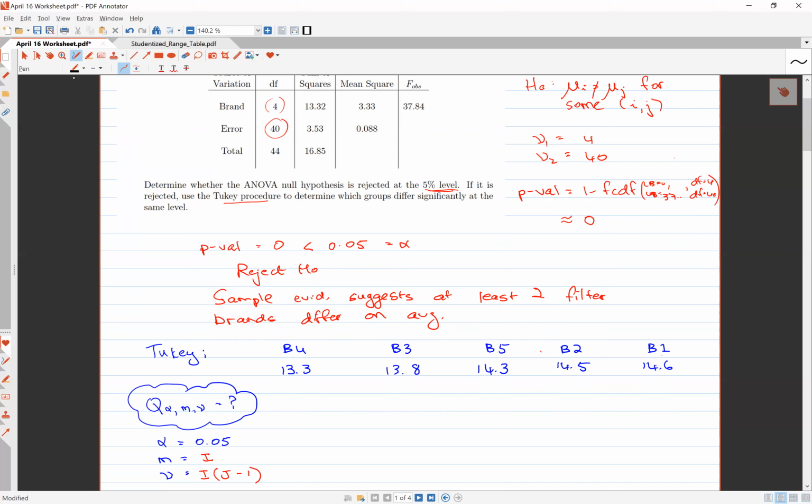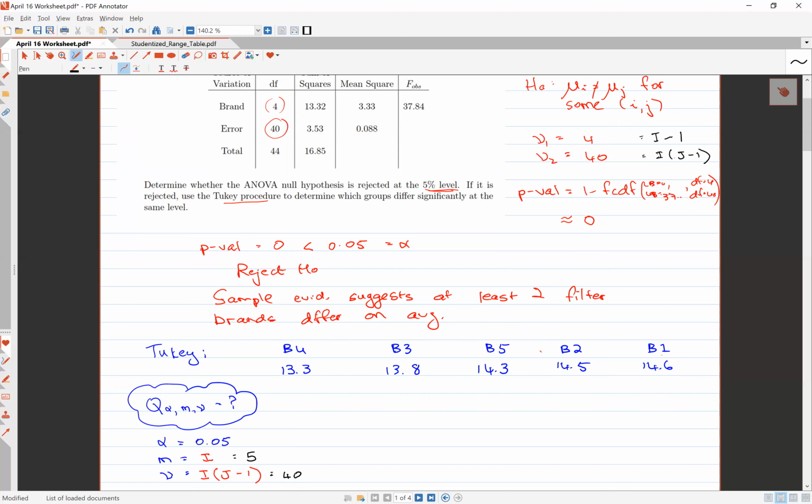If you're doing an F-test, you're doing I minus 1 for the first degrees of freedom, and for the second one, I times J minus 1. So the second value is the same. The first value differs by 1 digit. So in this case, we have 5 degrees of freedom for the first value and 40 degrees of freedom for the second value.